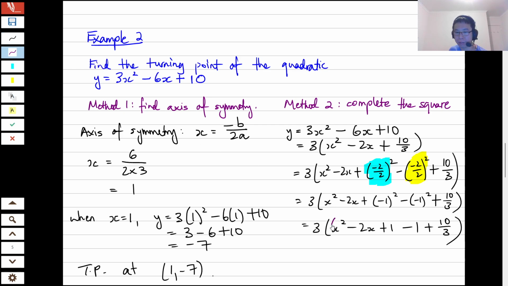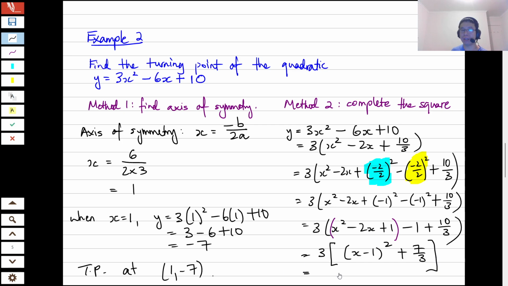All right, the perfect square is going to appear in the first 3 terms there, which I have surrounded in the purple bracket. So it's going to be 3 big bracket x minus 1 all squared. Now, -1 plus 10 on 3 is 7 on 3.